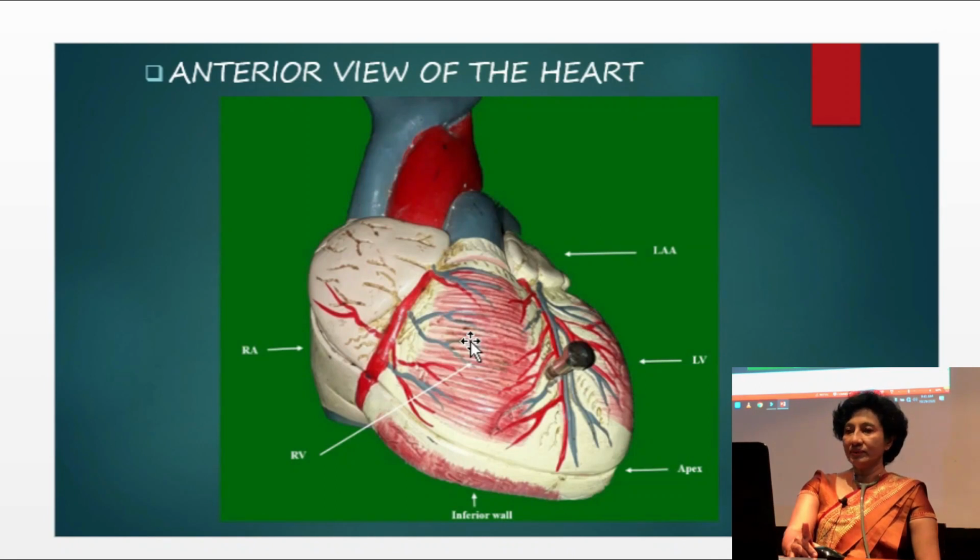I hope with this description you have got a correct idea about the three-dimensional structure of the heart. Because of this structure, the interatrial and interventricular septa are sandwiched between the right heart anteriorly and the left heart posteriorly.